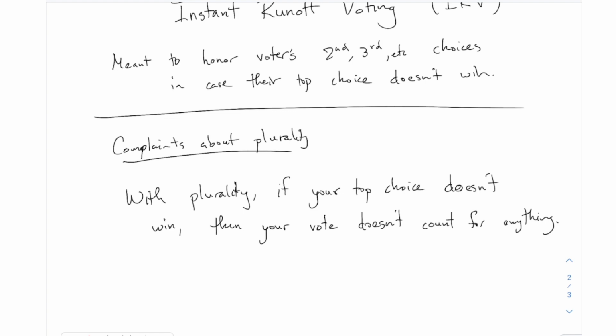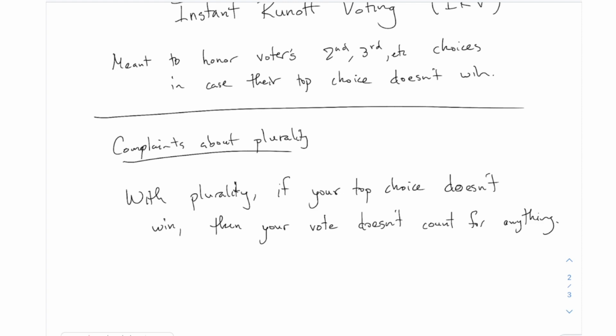In the American system, or in the plurality system, and this is how it works when we elect the president or whatever, if you already know the person you want to vote for is going to lose, there's no point in even voting at all, right? It has no effect if you're just going to go out and vote for the loser, all right? This is a simple mathematical truth about the plurality system, which actually has huge ramifications on politics. So here I'm going to talk about politics a little bit.